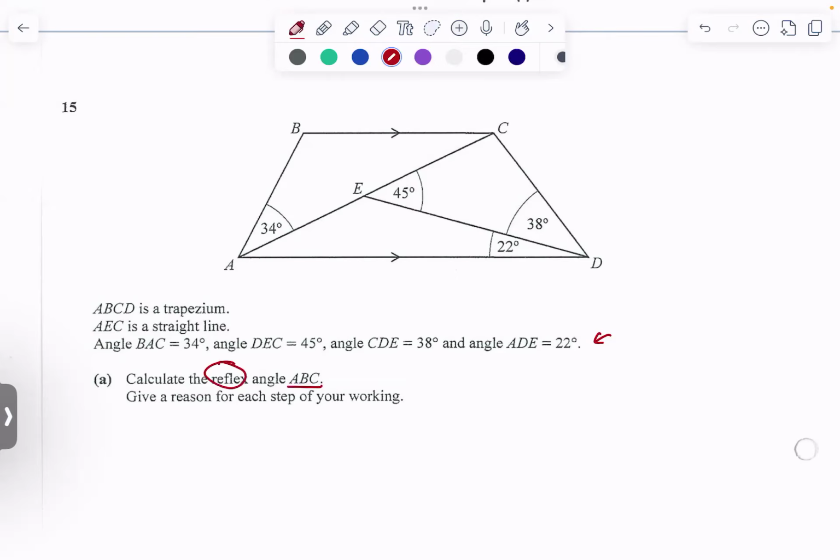So reflex angle, take note, is it this one? No. Okay, this is not a reflex angle. Rather, a reflex angle is this one. A reflex angle is when the angle is more than 180 degrees.